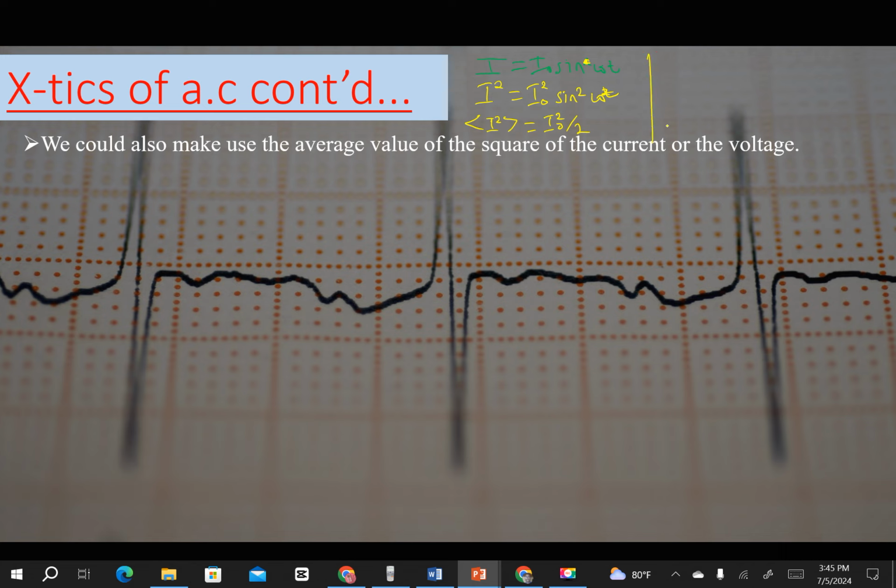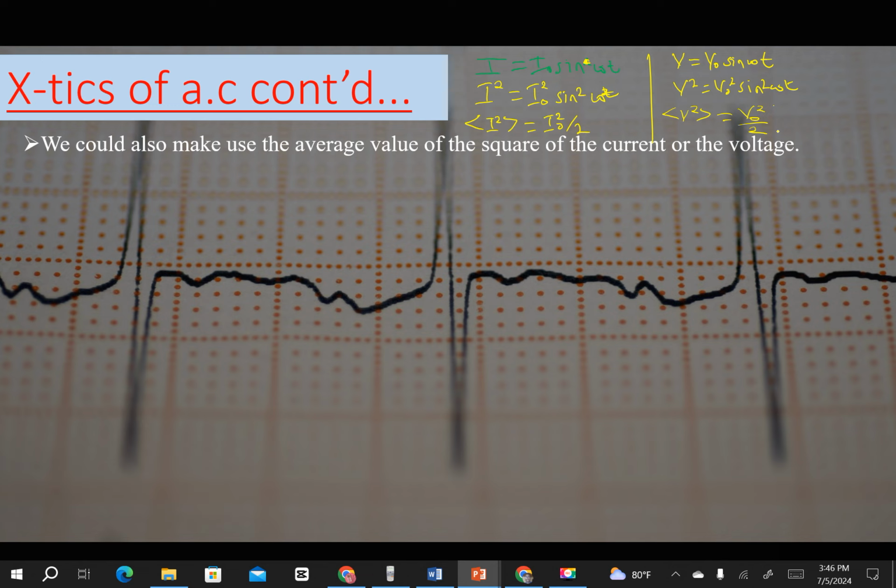In a similar way, alternating voltage is equal to V naught sine omega t. So if we square, we have V squared equals V naught squared sine squared omega t. And if we take the average of V squared, it is going to be equal to V naught squared times the average of sine squared omega t, which is a half, so it is going to be V naught squared over 2.